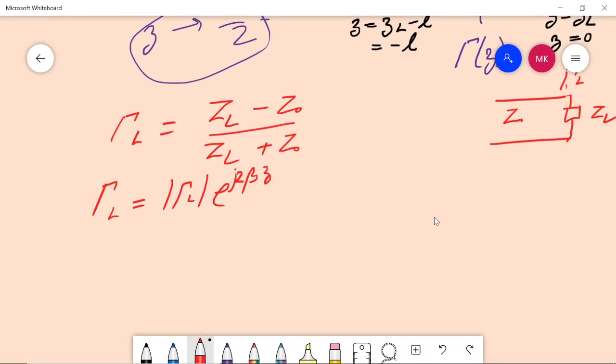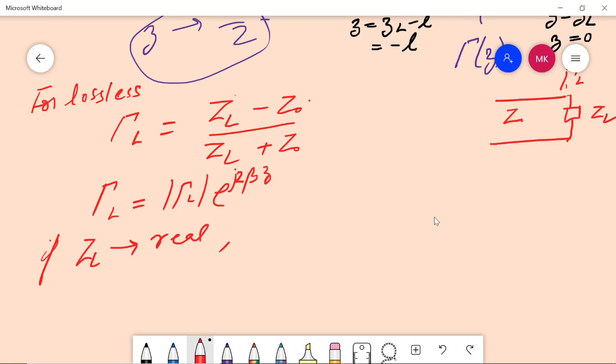Now from here, what you can say, if ZL is also real, and for lossless, we are counting the line is lossless as we have already considered, and ZL is real. So what will happen? Gamma L will be real. So this is real, this is real.